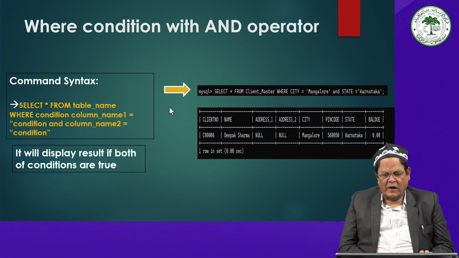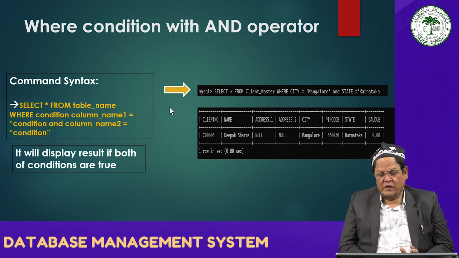So how do you write it in MySQL? Select star from client master where city is equal to Mangalore and state is equal to Maharashtra. Here you have to give two conditions.